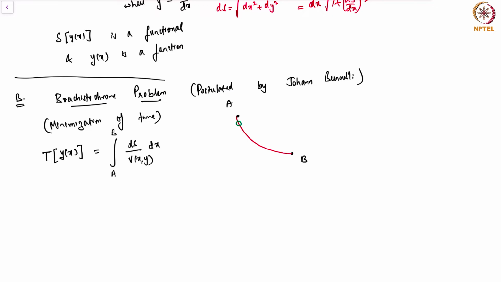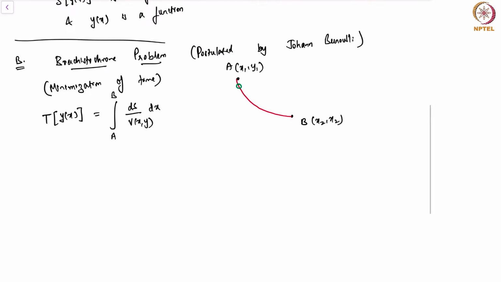So A again is, let's say, you could go from point x1 y1 to a point x2 y2, and as you go from A to B, the time that you get should be the minimum.